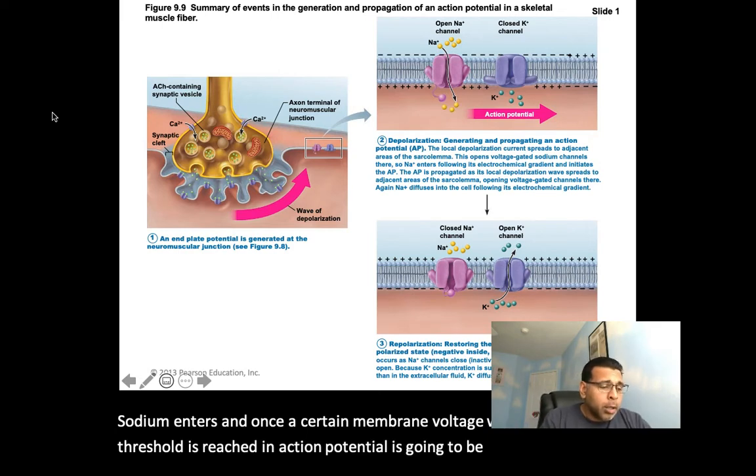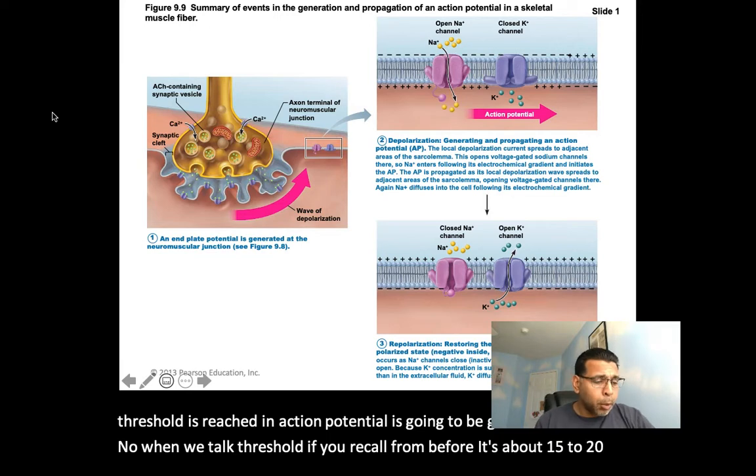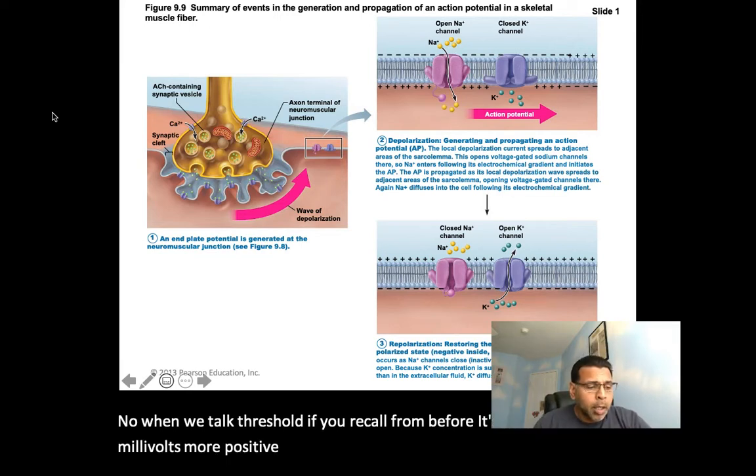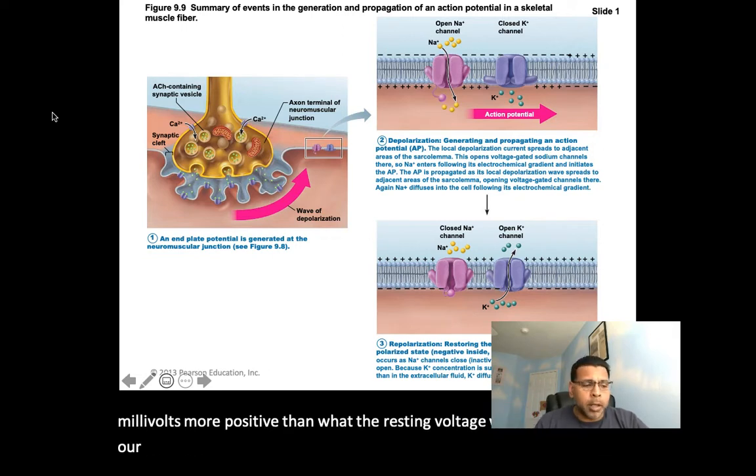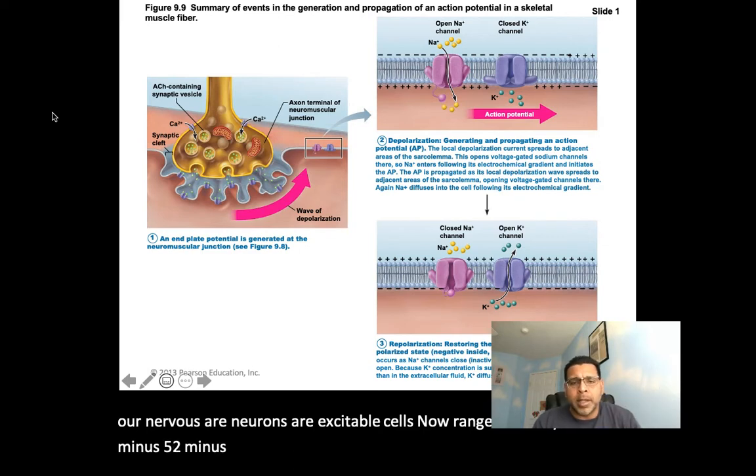Now, when we talk threshold, if you recall from before, it's about 15 to 25 millivolts more positive than the resting voltage we saw in our neurons, our excitable cells. It ranges usually around minus 50 to minus 40 millivolts in most excitable cells.